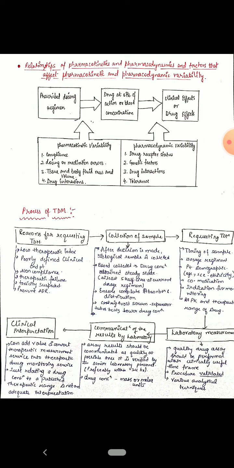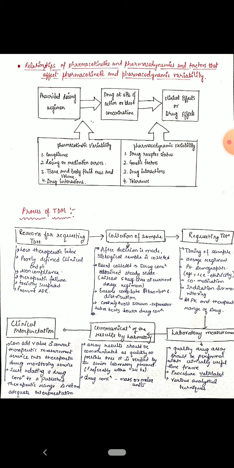Next, what is the process of therapeutic drug monitoring? It is in 6 easy steps. First, what is the reason for requesting the TDM? How is the sample collected for the TDM process, and after collecting the sample, there will be a request generated for the TDM and the next further step.